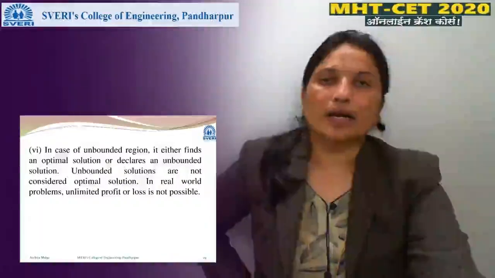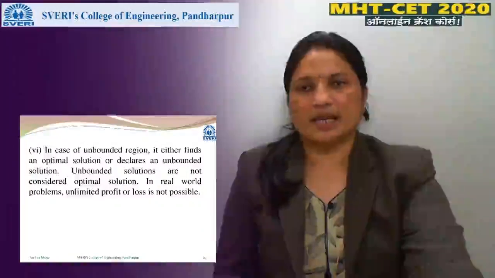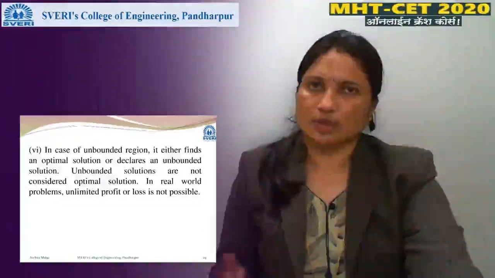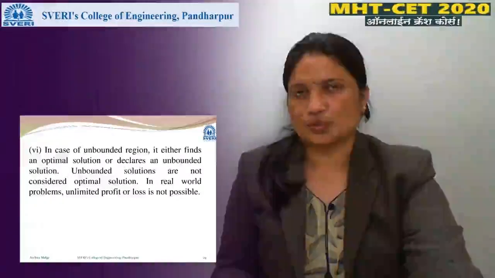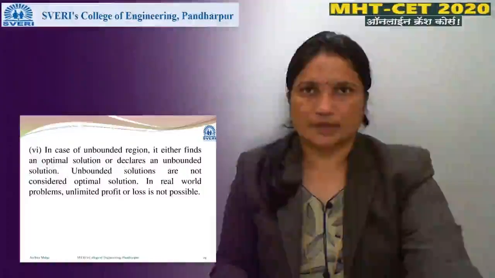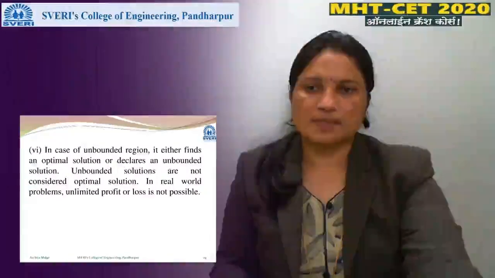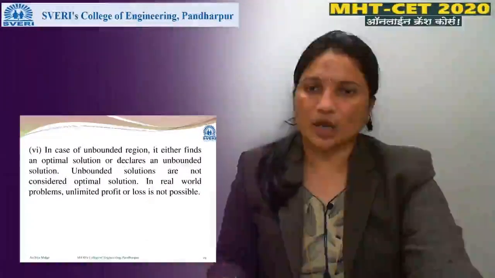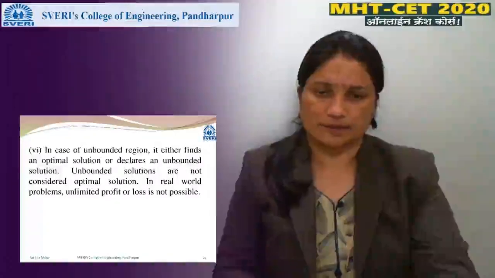In case of an unbounded region, it either finds an optimal solution or declares an unbounded solution. Unbounded solutions are not considered optimal solutions. In real world problems, unlimited profit or loss is not possible.